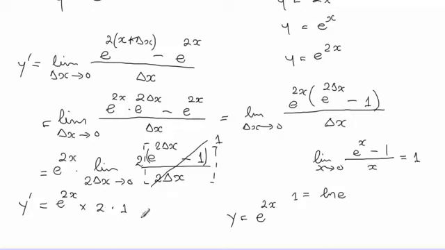You notice that 2 is actually the derivative of 2x with respect to x, which is equal to 2. So what is being revealed here is that whenever you're differentiating a function of a function, we call upon the immediate derivative of the function, as in y equals e to the power of 2x. The immediate derivative is e to the power of 2x. But we've got to multiply by the derivative of the argument.